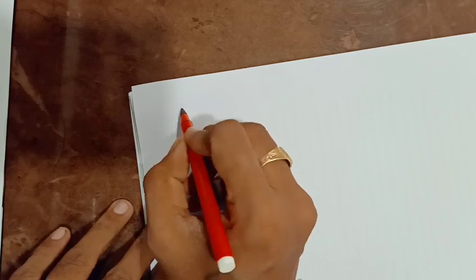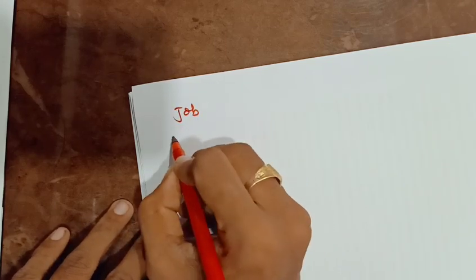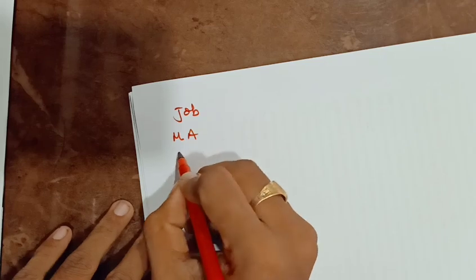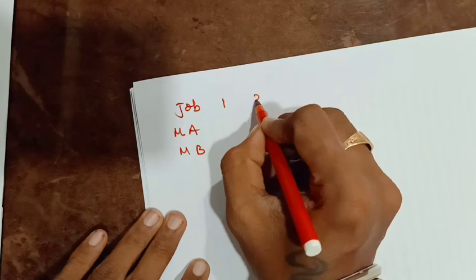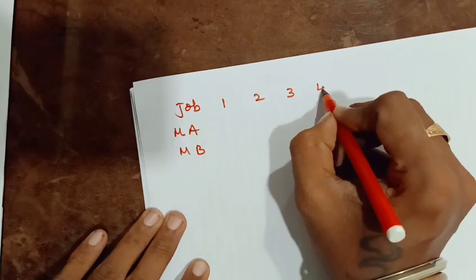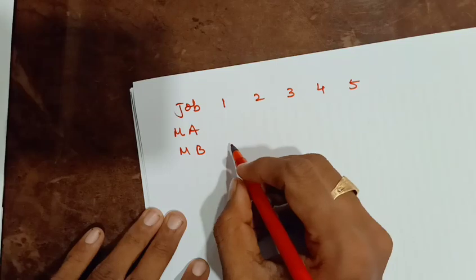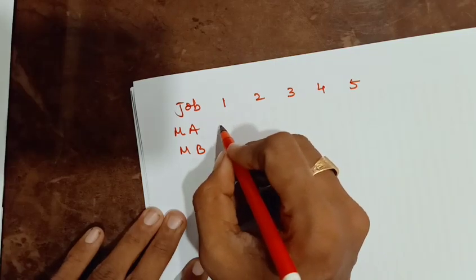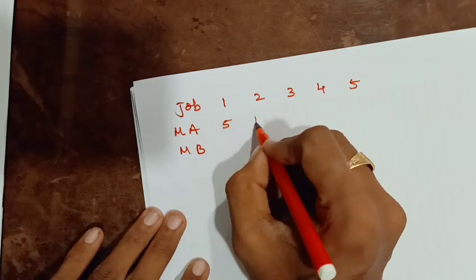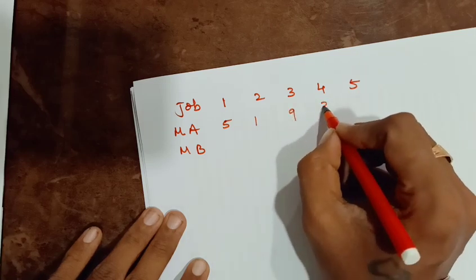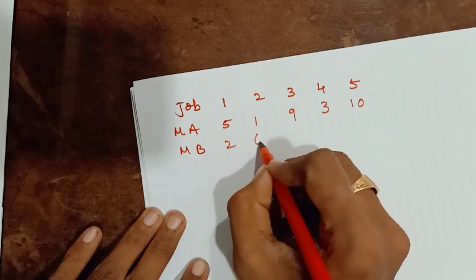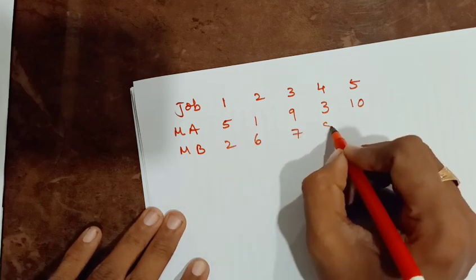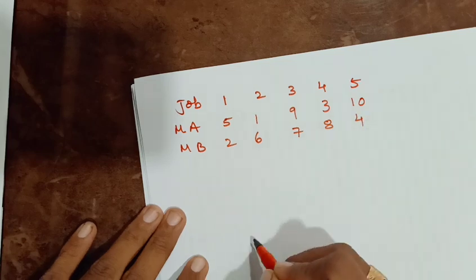Given data: the jobs, machine A and machine B. Jobs 1, 2, 3, 4, 5. Machine A processing times 5, 1, 9, 3, 10. Machine B is given 2, 6, 7, 8, 4.